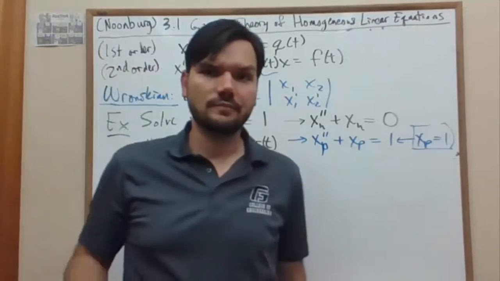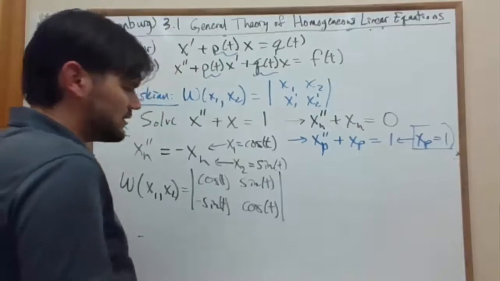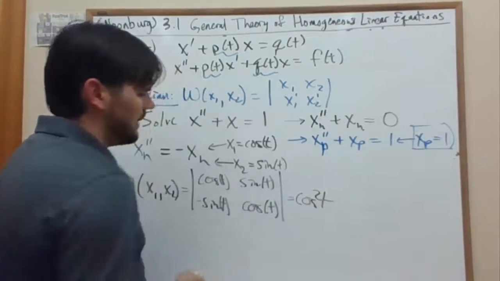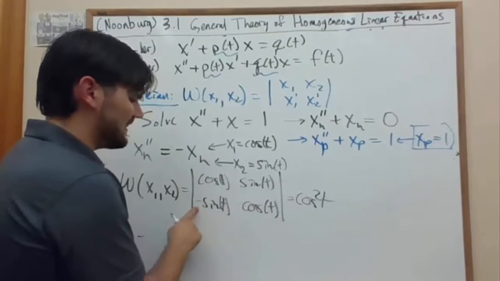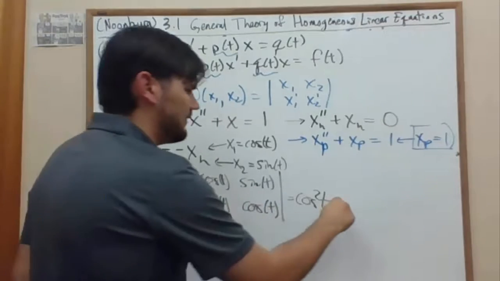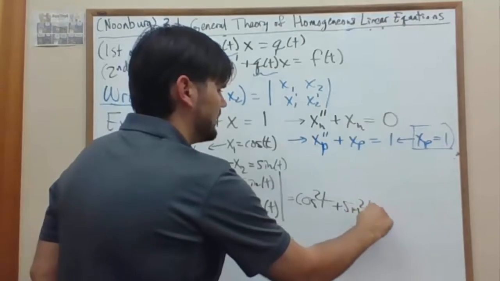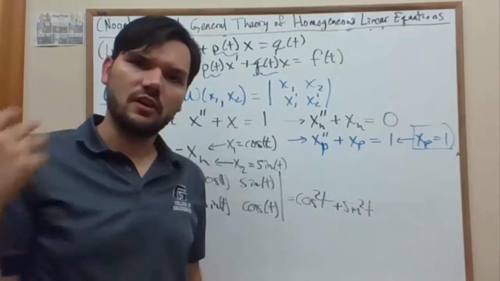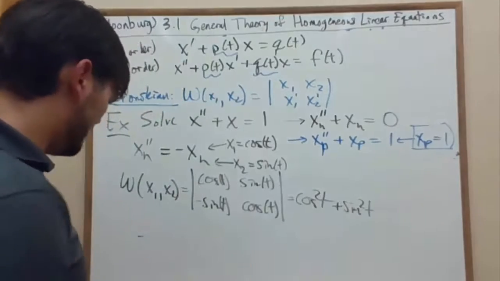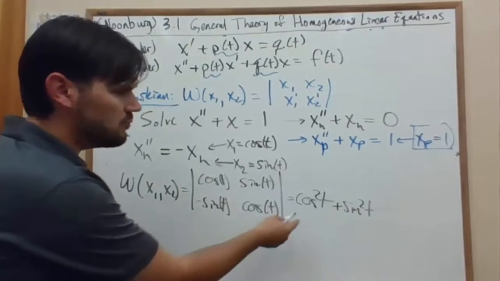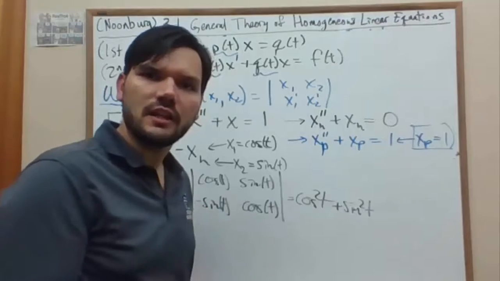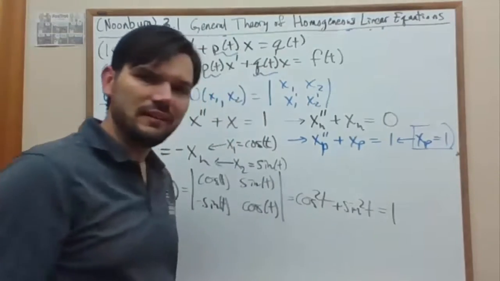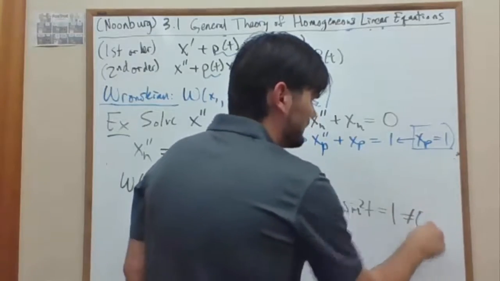Okay, so we take the determinant. This is a nice 2 by 2. Multiplied down, we get cosine squared of t minus, multiply back up, that negates the negative here, giving us a plus sine squared of t. And we want to check to see if this is not equal to 0 for all t. So let's see if we can simplify it a little bit first. Oh, there it is. Cosine squared plus sine squared is 1. And that 1 is never 0.